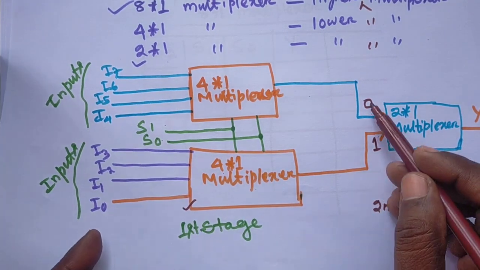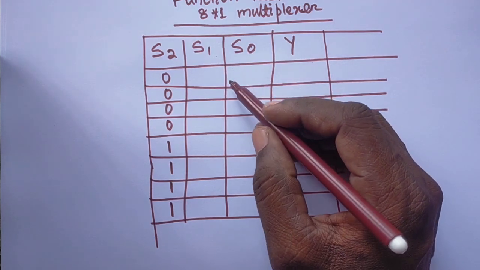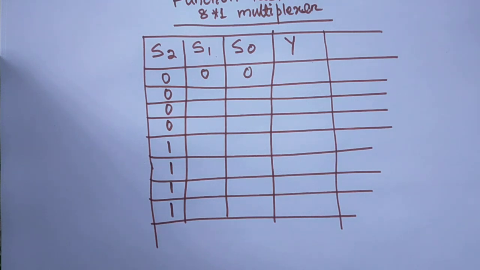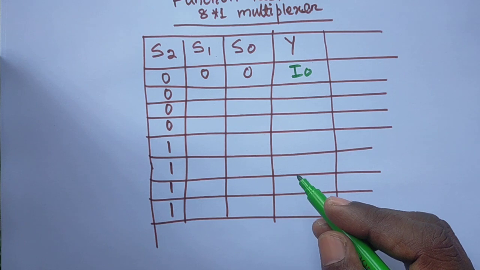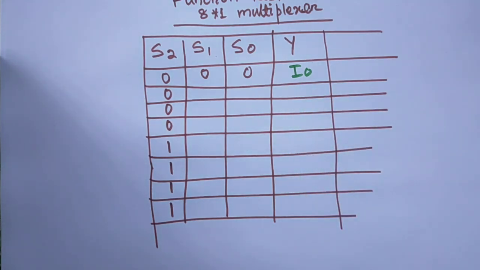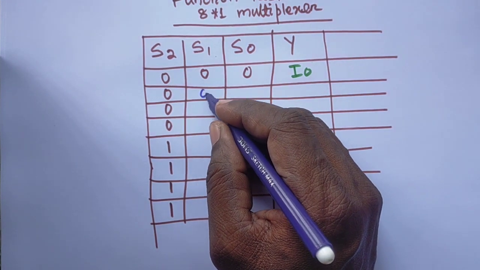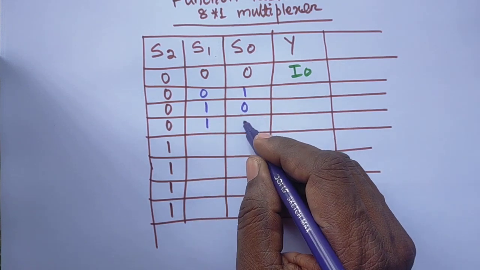Okay, you see. If S2 is 0, it will be activated. Now we see this value we can define. Here is 0 0, then the value will be I0. Then in another way, here will be 0 1, here will be 1 0, here will be 1 1.